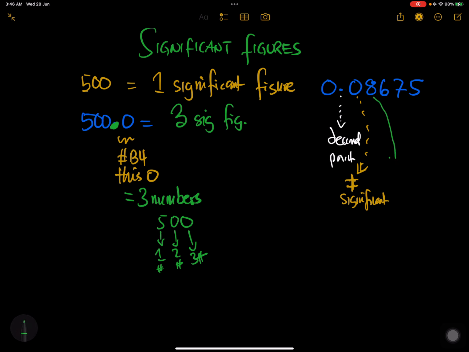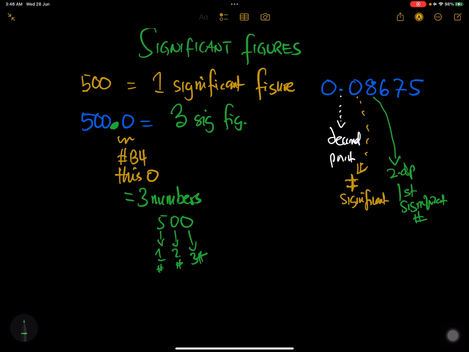So which one is significant? The next one. The second decimal place is the first significant number, because the first decimal place is zero, which is not important. So the second decimal place is our first significant figure.